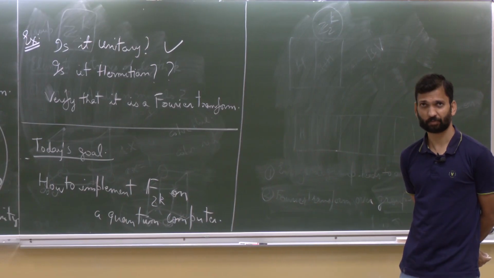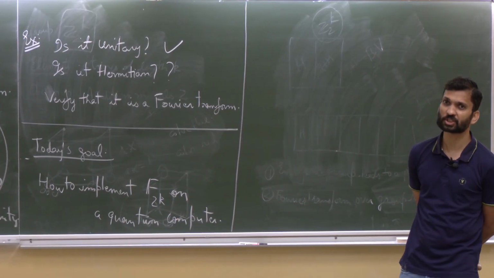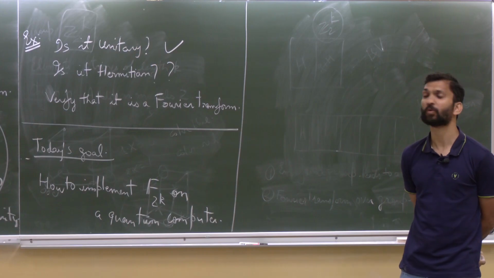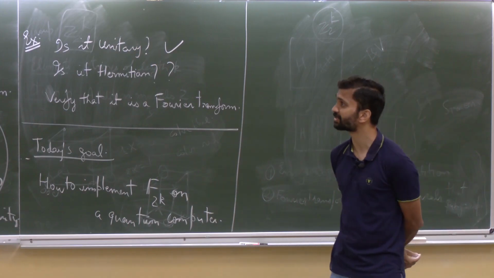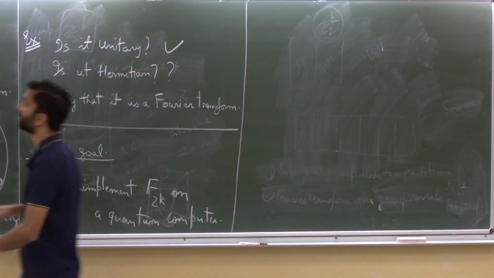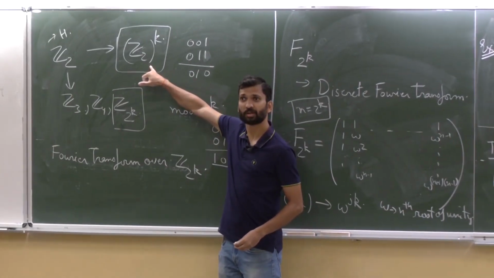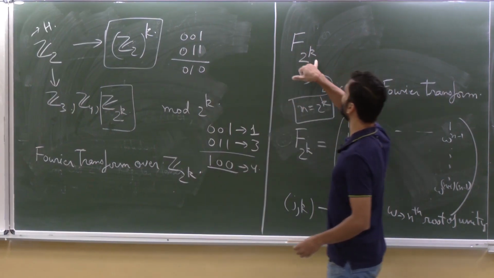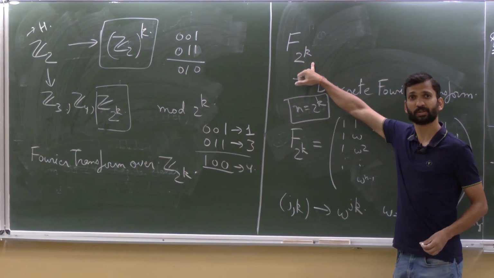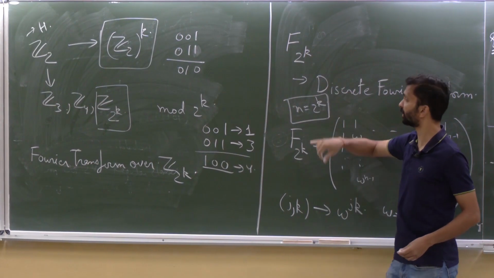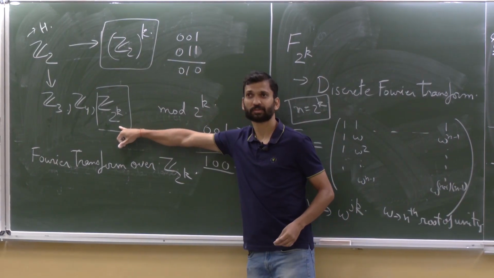Clear? Once again, to re-emphasize the message, Fourier transform over Z2 whole to the power k has been very helpful. So now we want to do Fourier transform over Z_2 to the power k.